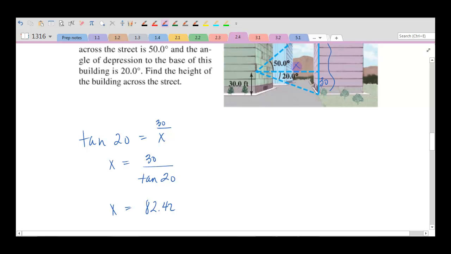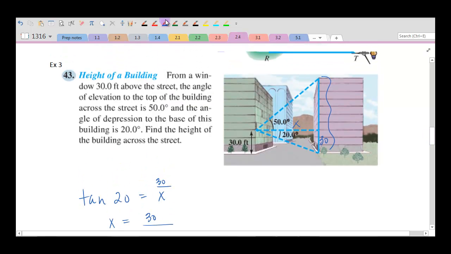82.42. Now that I know what x is, let me just write that value in so we can keep up with it here. So this is now 82.42. What I want to find is this value here. How far is it from that line up to the top?